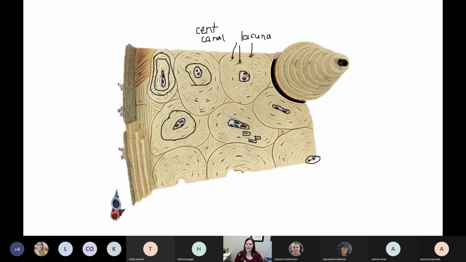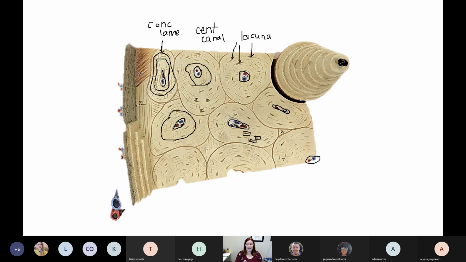So each of these circles that I'm seeing here that goes around the central canal is called a concentric lamellae, or lamella technically is one. Concentric lamellae make circles. So when I have groups of cells that are going from the central canal out, out, out, the tree ring pattern that we're looking for in compact bone, that's because of the concentric lamellae.